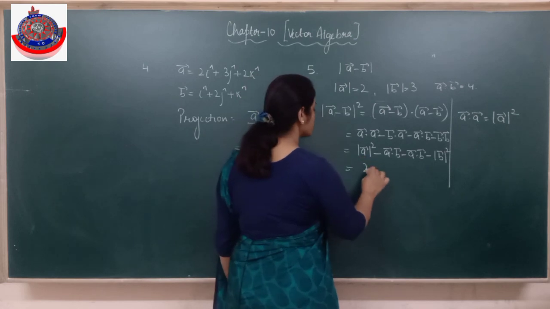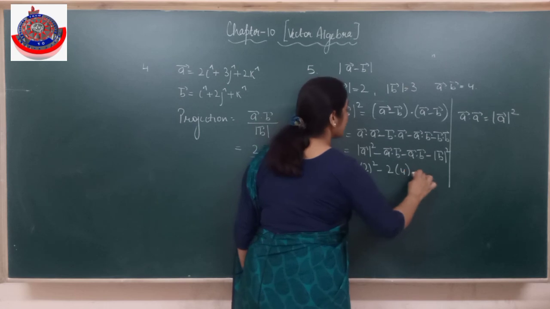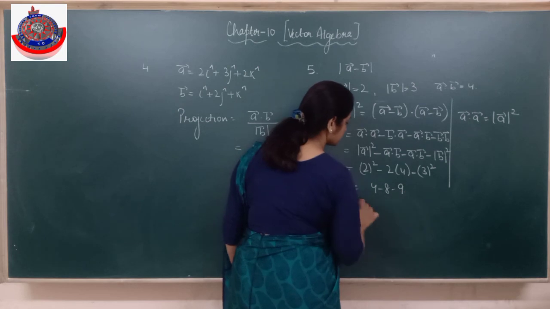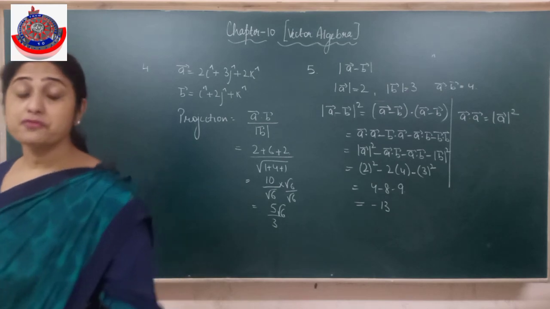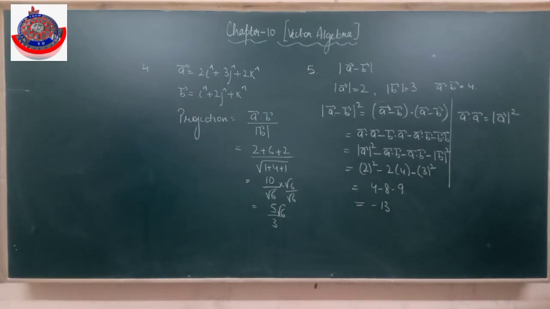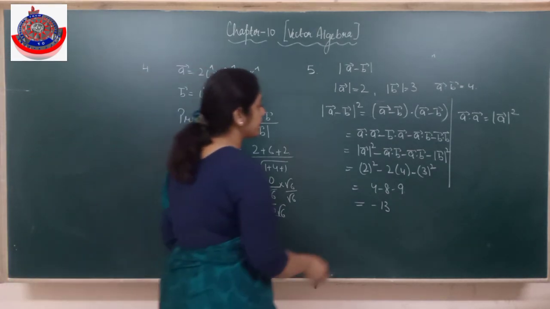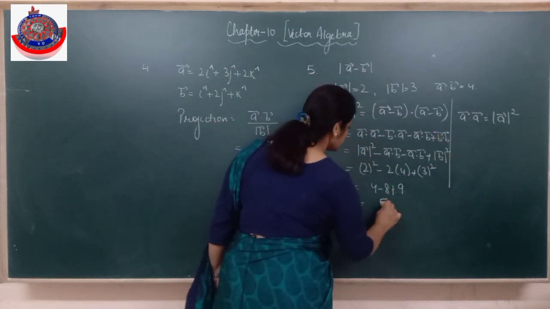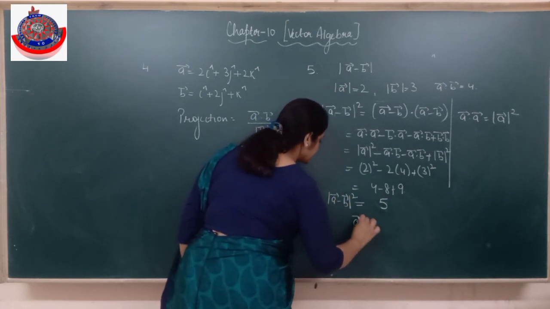Magnitude of A is given to be 2, this is 2AB, A dot B is given to be 4 and this is given to be 3. Is this clear? So in such kind of questions, when you have to find the magnitude and the vectors are not given to you, we normally apply such things. Okay, this is minus minus plus, sorry. Square goes that side.